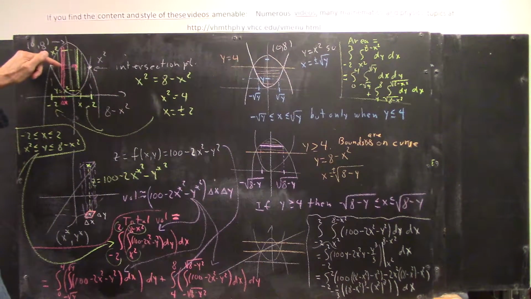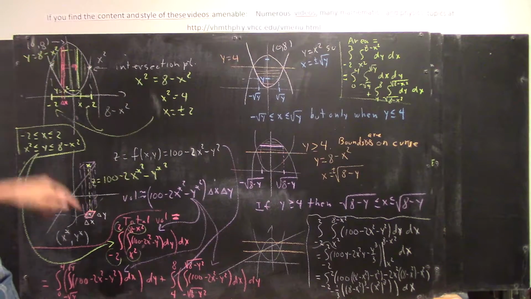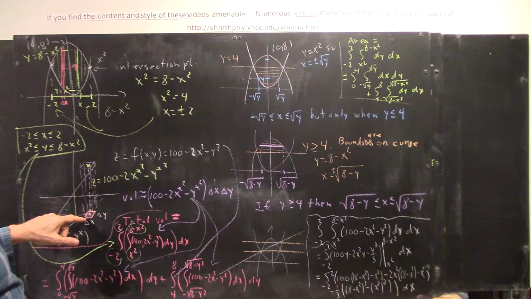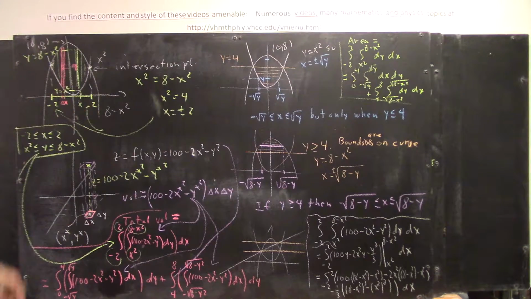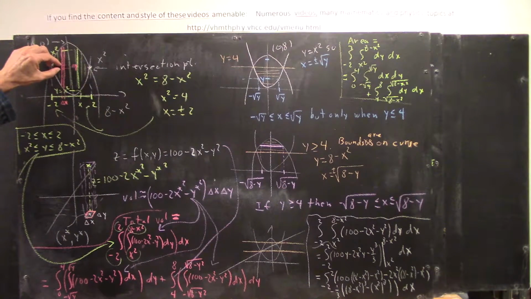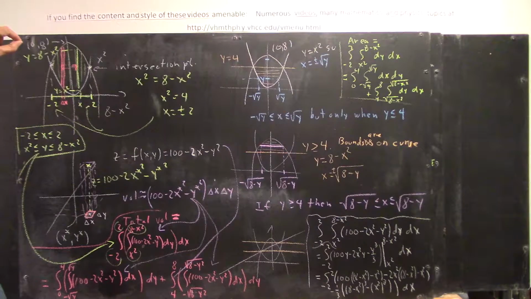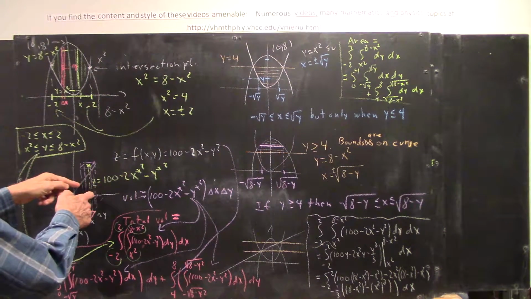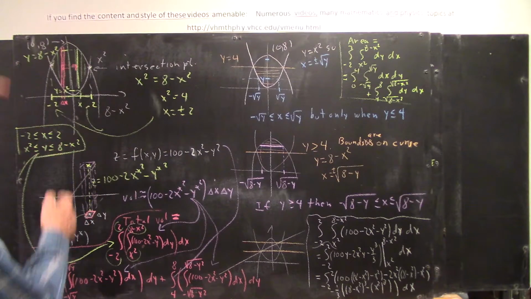So this little rectangle here is our rectangle down here, and the question is, how much volume lies above this rectangle? Well, if z is in this direction, you get how far you have to go to get out to the surface, and that'll be the height of a rectangular solid whose volume is very close to the volume above this rectangle below the surface. And that's this rectangle. It lies directly above this.